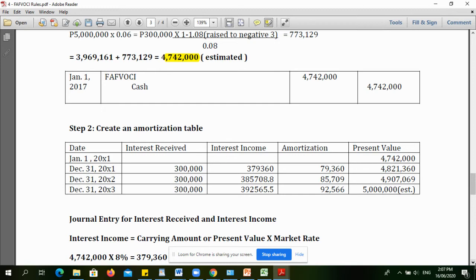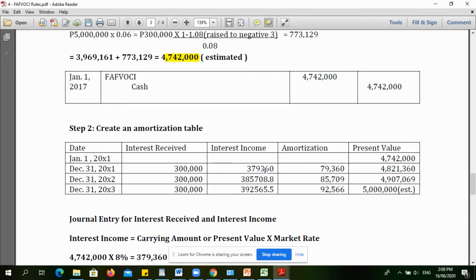Okay? So step 2 is to create an amortization table. So ang gagawin natin sa 4,742,000, we amortize. Ang goal natin at the end of the term, it will become 5 million. We solve for the interest received by multiplying the face amount, which is 5 million, times 6%, equals 300,000.